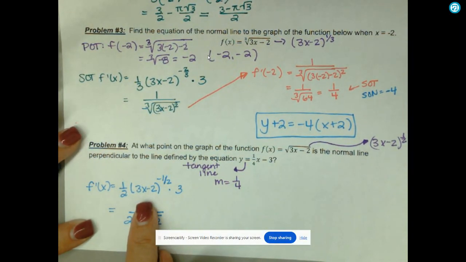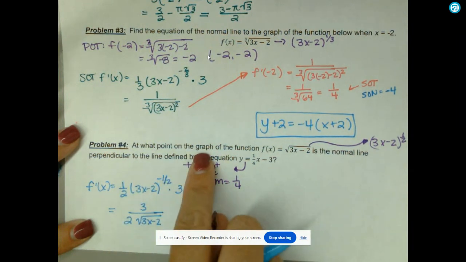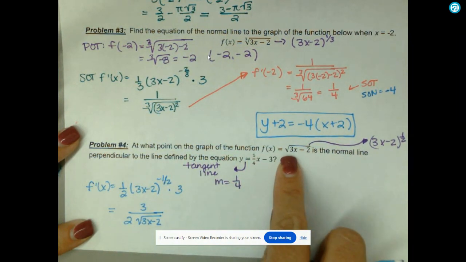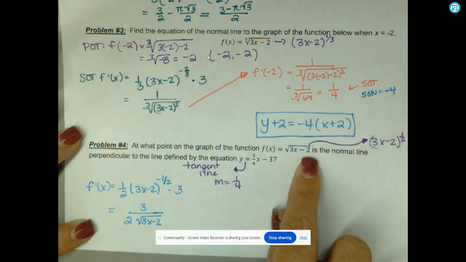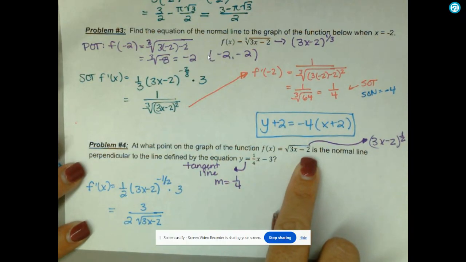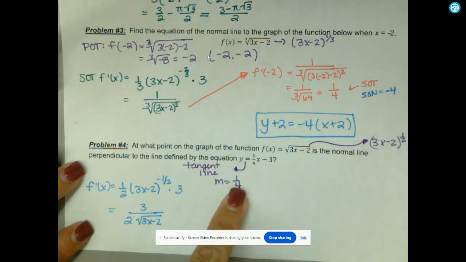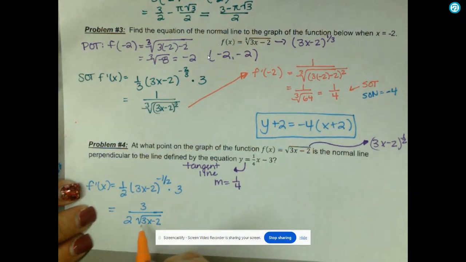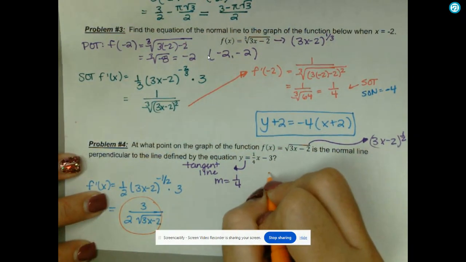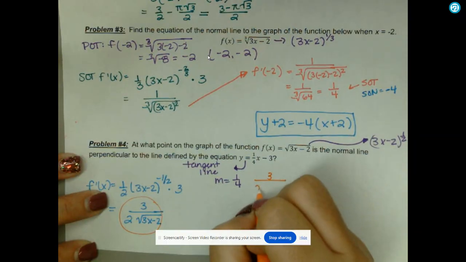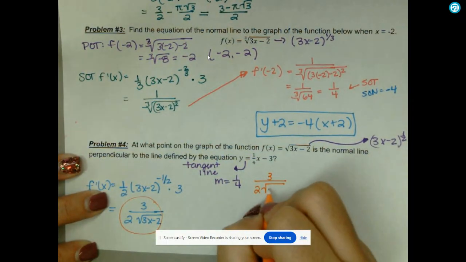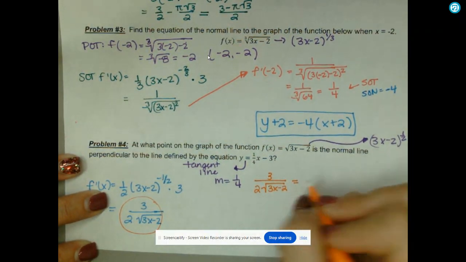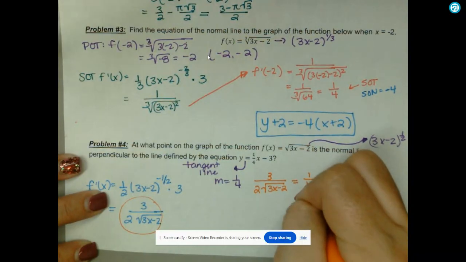Okay, so we want to know at what point on the graph of the function f of x equals the square root of 3x minus 2 is the normal line perpendicular to the line defined by the equation. Well, we're going to use the same slope, okay? So it's going to be this, our derivative, set equal to our slope.